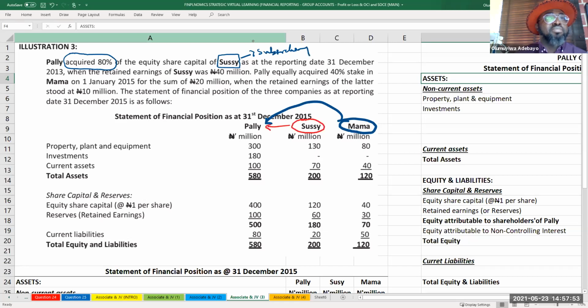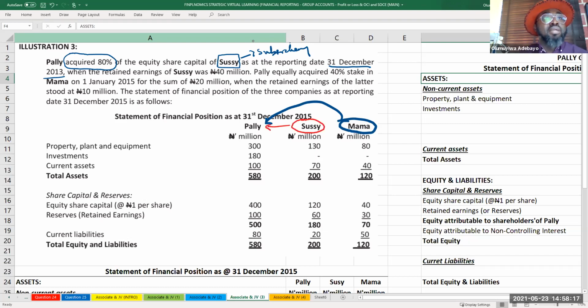Why? Because 80% should at least give control of the affairs and operation of Susie. That's number one. Number two, and that took place on 31st of December, 2013.